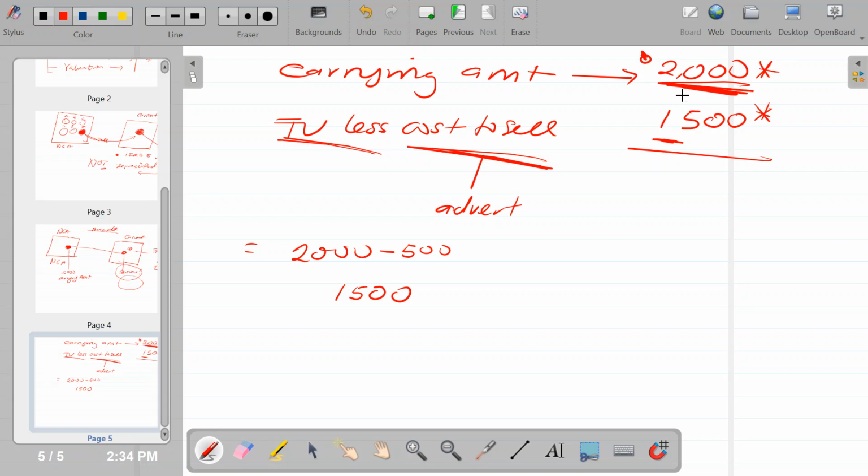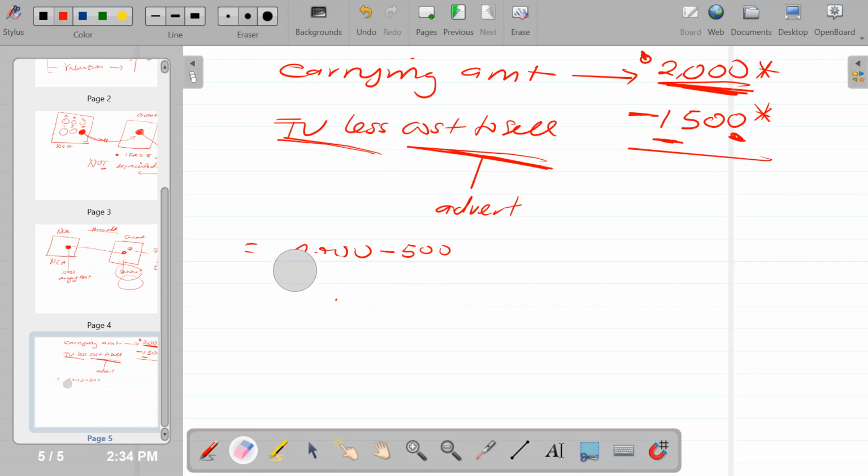We can only get the 1,500. So the true value of this asset is the 1,500. I hope you agree with me. Do you agree? Yes, sir. Because if we sell it, this is what we will get, which is different from the carrying amount. So the best value is the 1,500.